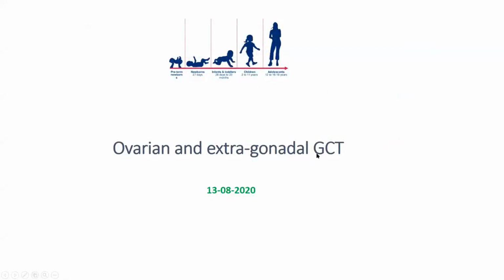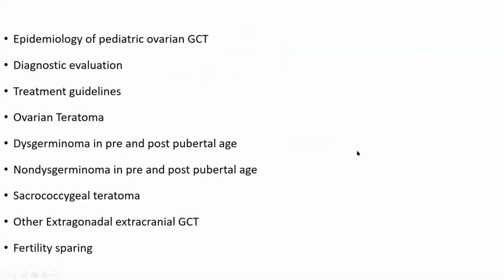So it's the second class of pediatric germ cell tumor. Last time we discussed intracranial and testicular germ cell tumors, and today I'll try to discuss ovarian and extragonadal, extracranial germ cell tumors.